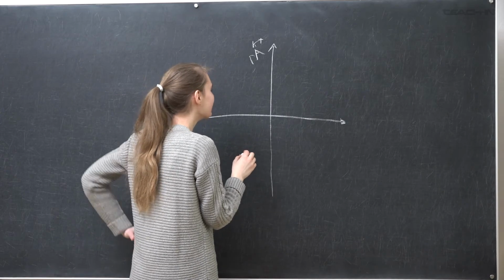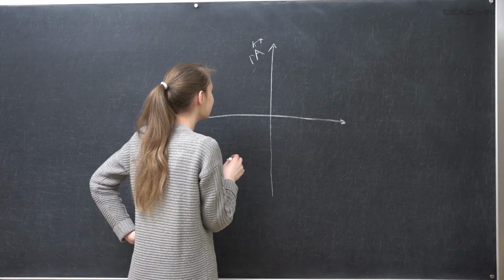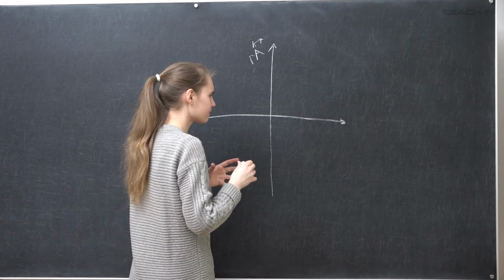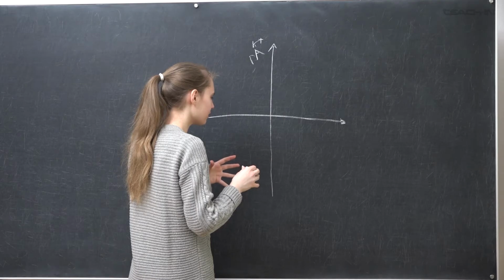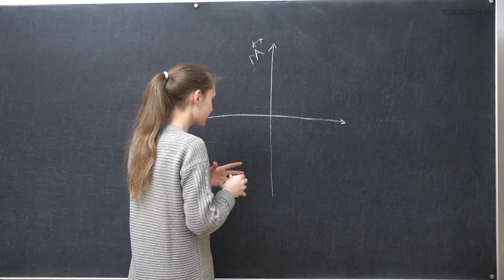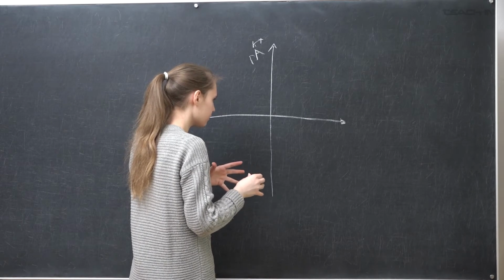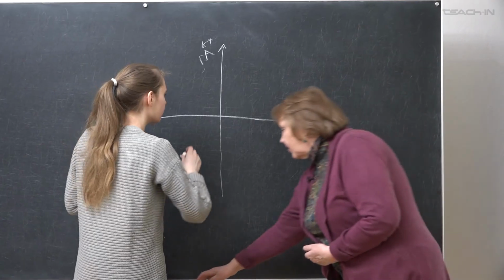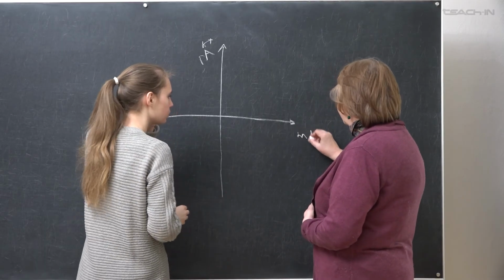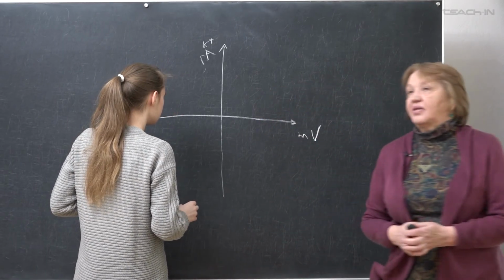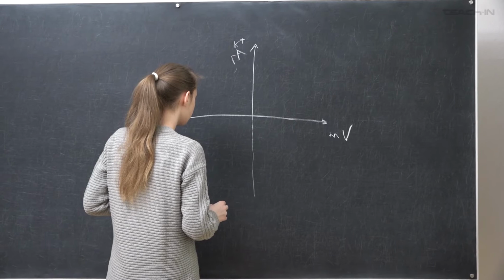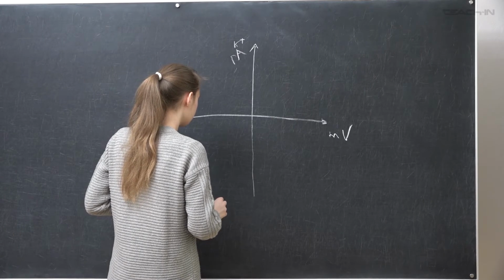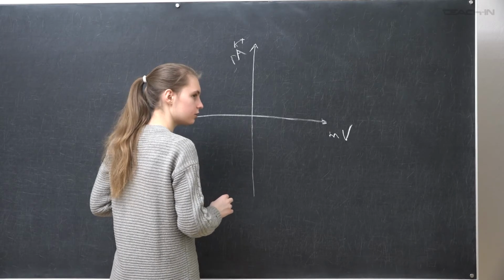You just did it. Think about it. It should show the dependence of ion current on the millivoltage. And it is voltage dependent.